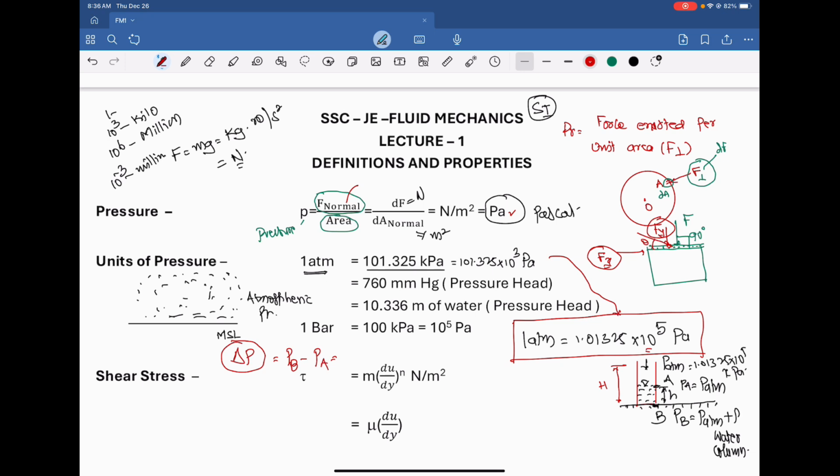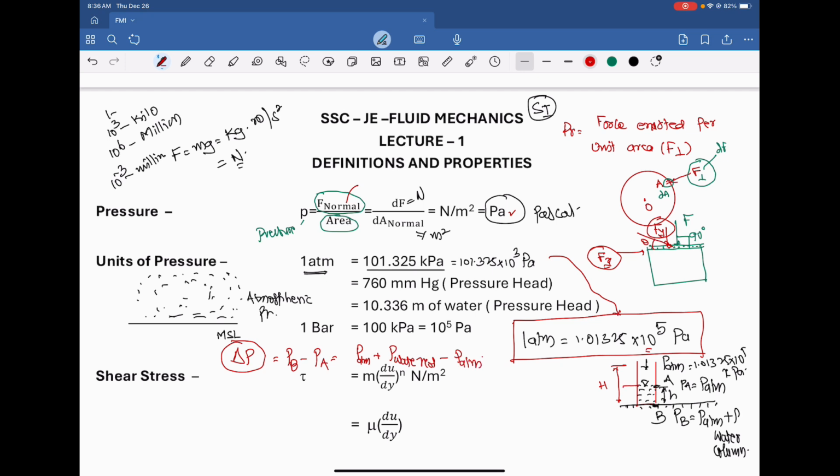That is equal to Pb, which is P atmosphere plus P water column, minus Pa, which is P atmosphere.